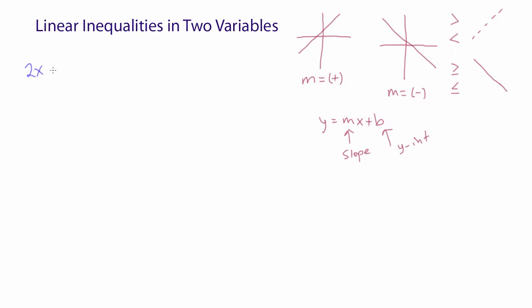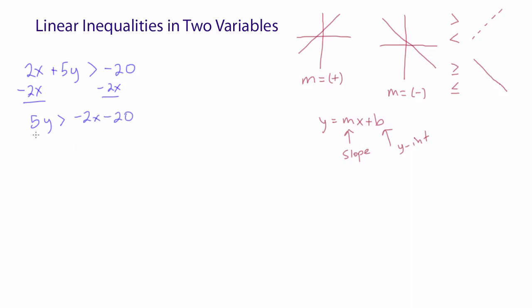All right, so let's try this problem. 2x plus 5y is greater than -20. Okay, first of all, let's put it in mx plus b form. To do that, we subtract 2x on both sides. This becomes 5y is greater than -2x minus 20.